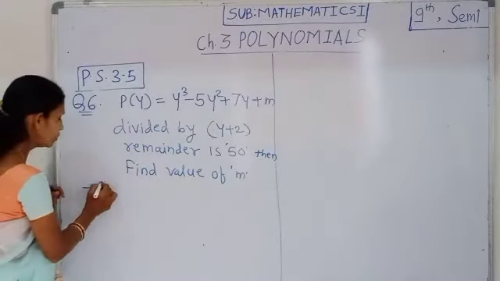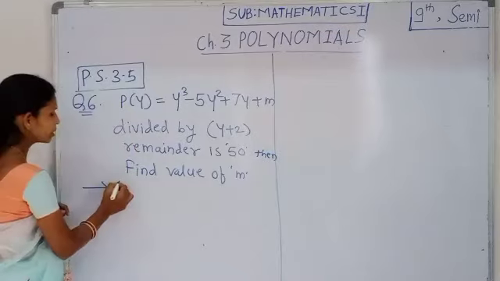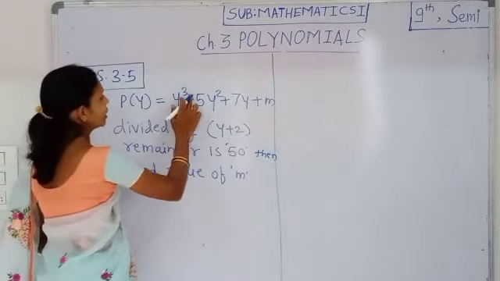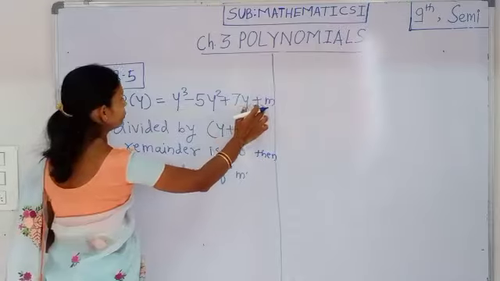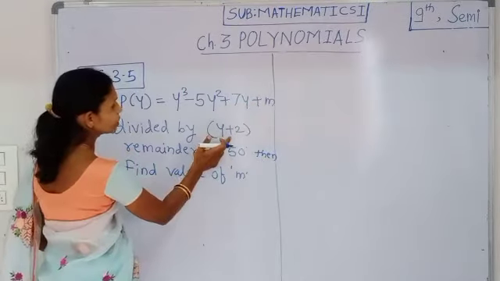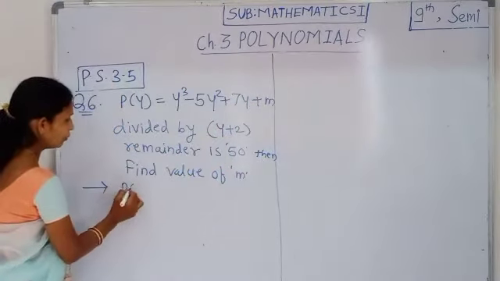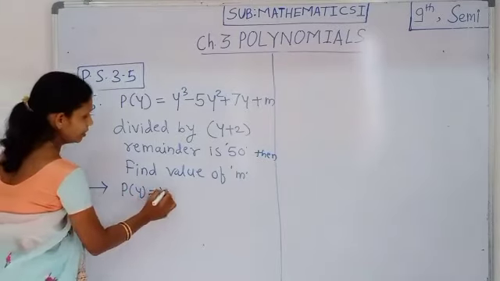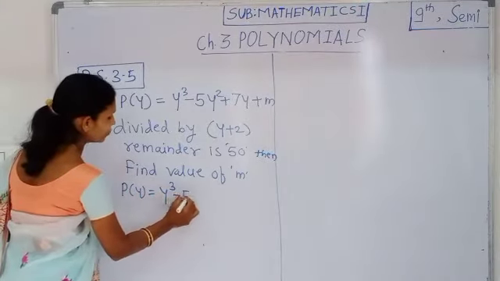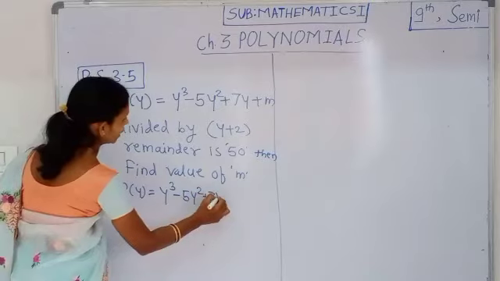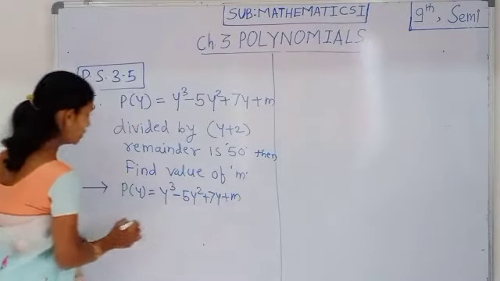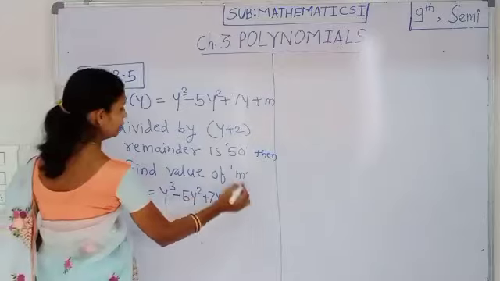Then see here, the example which is given, we have to read once again, to find out the given values. Then see here p(y), that is y cube minus 5y square plus 7y plus m, which is divided by y plus 2. Therefore here p(y) is a dividend.